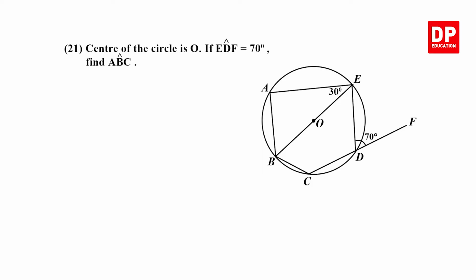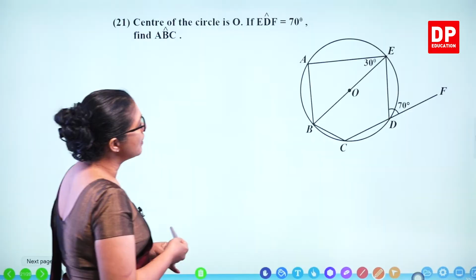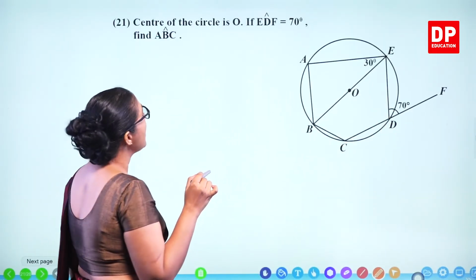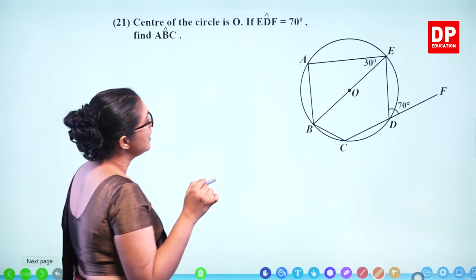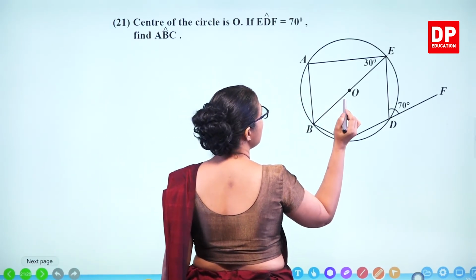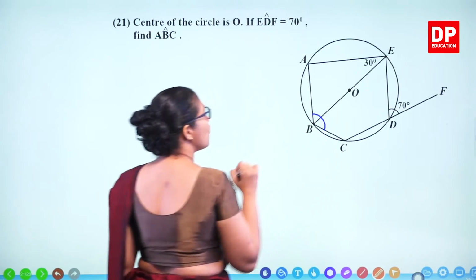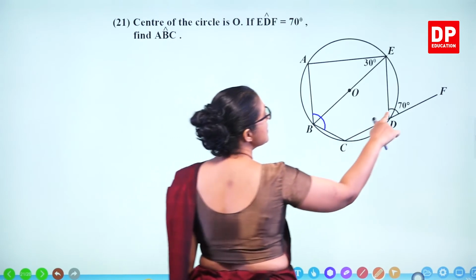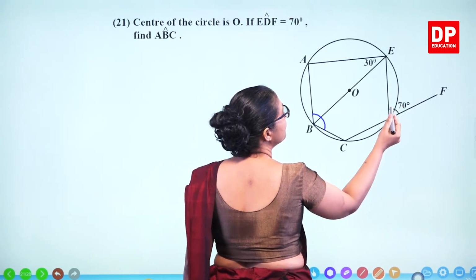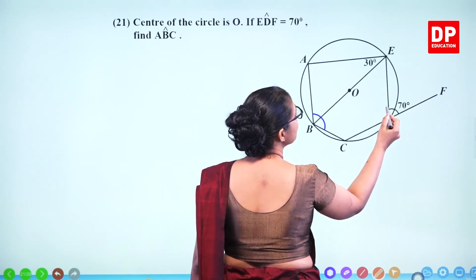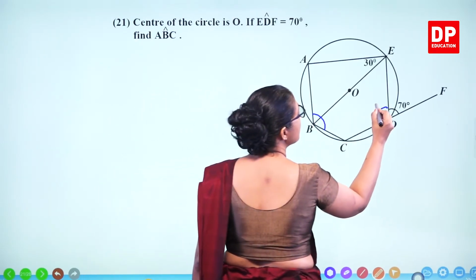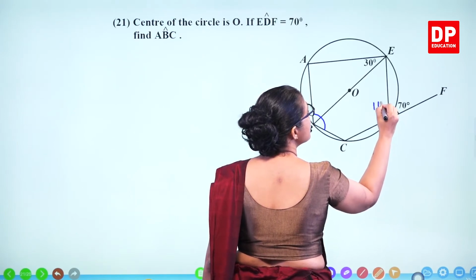Question number 21. Center of the circle is O. If EDF is 70 degrees, find ABC. ABC. This angle we want. What do you know about this one? If this is 70, this is, what's that? 110. 180 minus 70.